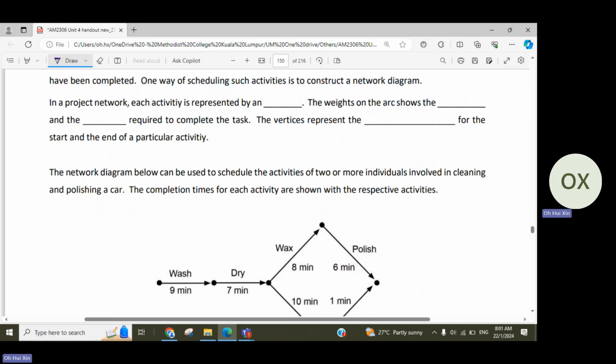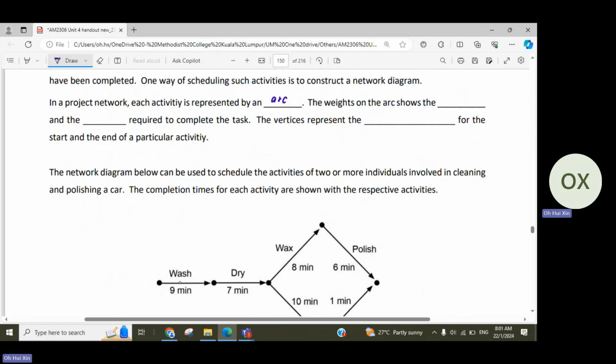Each activity will be represented by an arc. An edge with a direction is called an arc. I hope you still remember from topic 3.3 when we talked about directed graphs. This tells you where the project will start, and then you slowly move until the end.